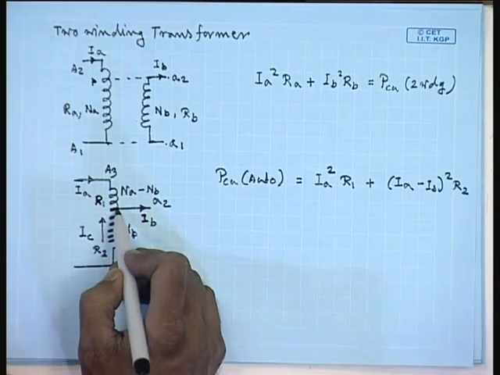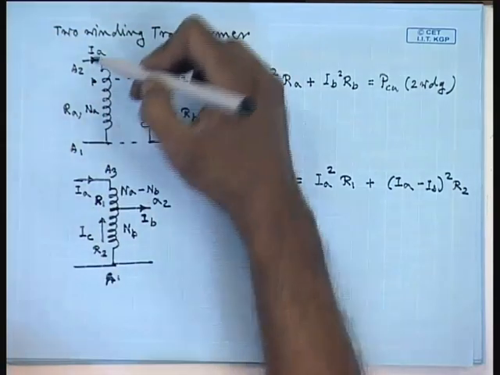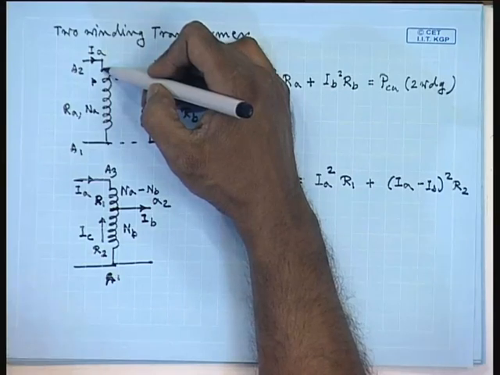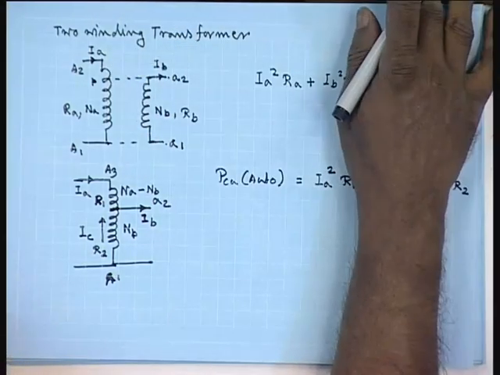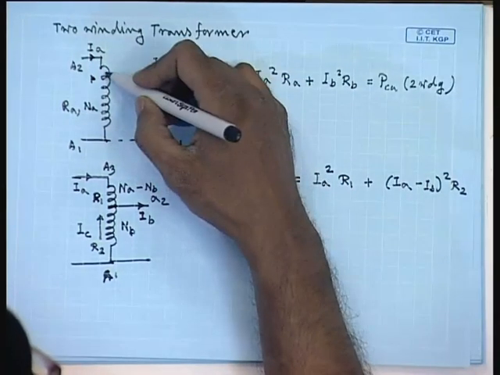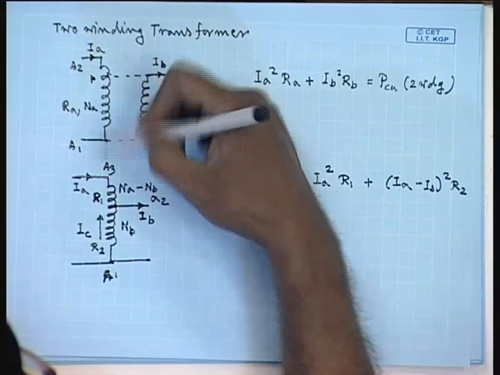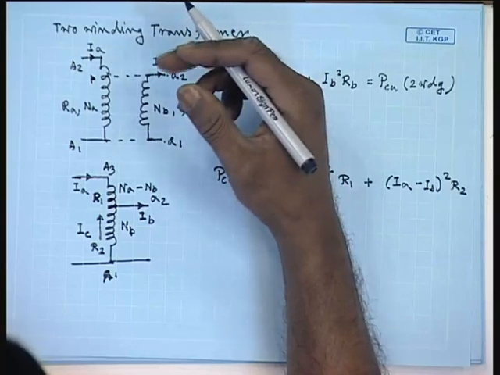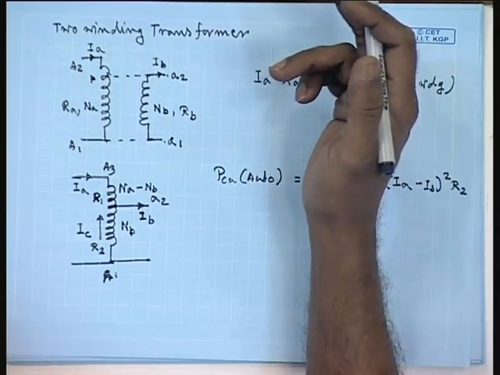Now, the current on the upper part of the auto transformer and that of the two winding transformer are same. Therefore, assuming same current density, the conductor cross section of the two winding transformer HP winding and upper part of the auto transformer are same. Hence, the resistances depend on the number of turns.